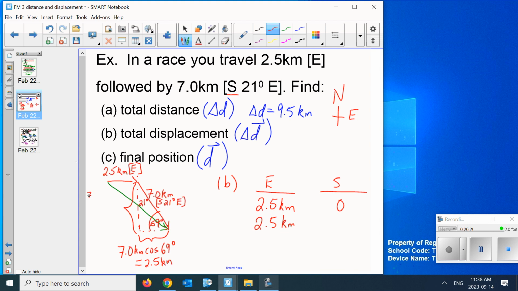So 7 kilometers times sine 69 degrees, which is equal to 6.5. I'm going to put the 6.5 kilometers in.